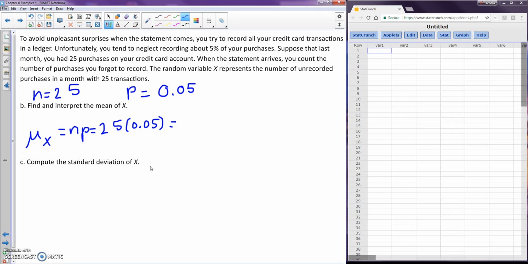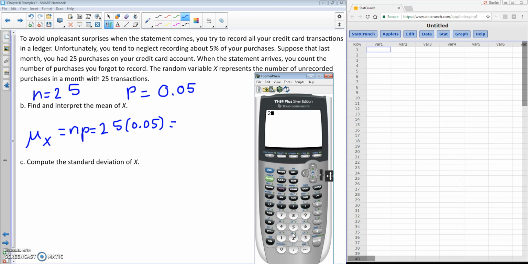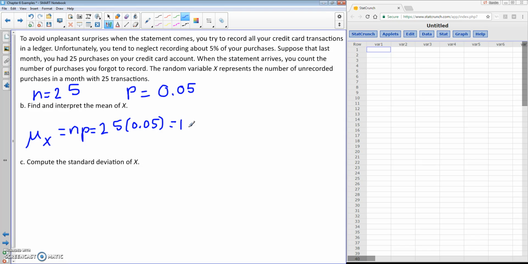Let's pull up our graphing calculator. We're going to type in 25 times 0.05. Our mean here is 1.25. And then we want to interpret this.